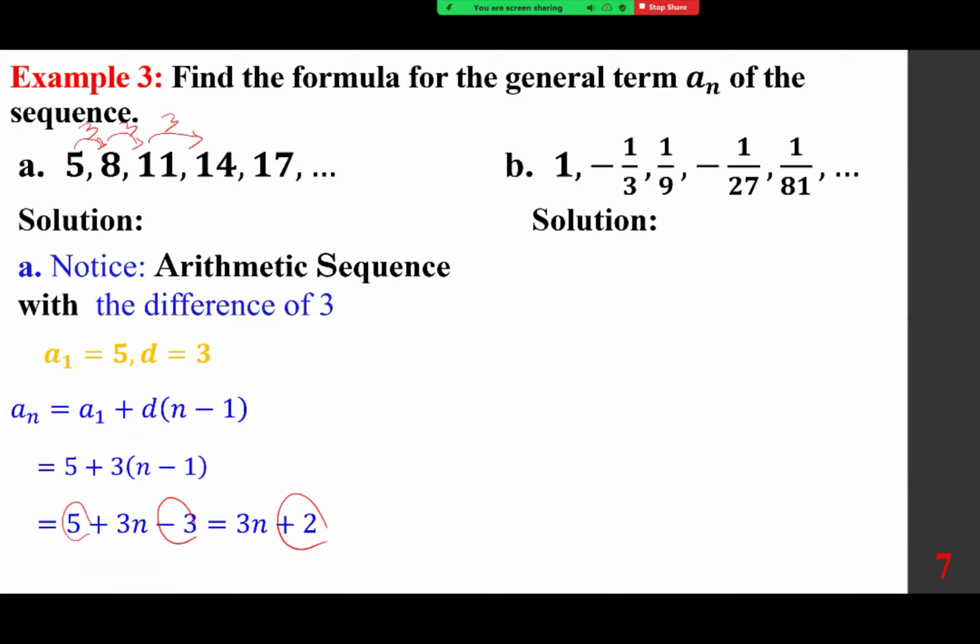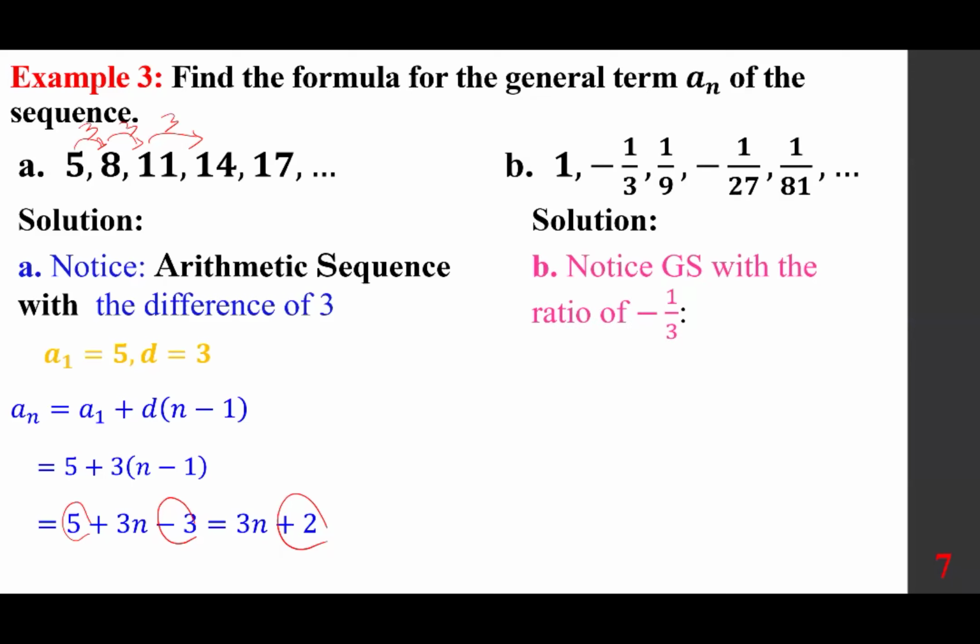For part B, we notice it's a geometric sequence with the ratio of negative 1/3. In other words, if you multiply this one by negative 1/3, you get negative 1/3. You multiply by negative 1/3 again, you get 1/9.